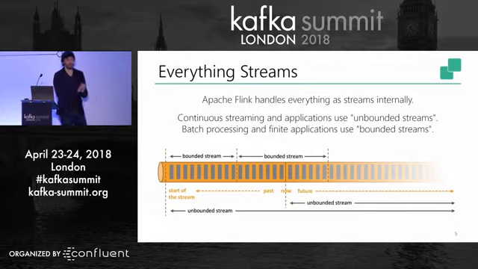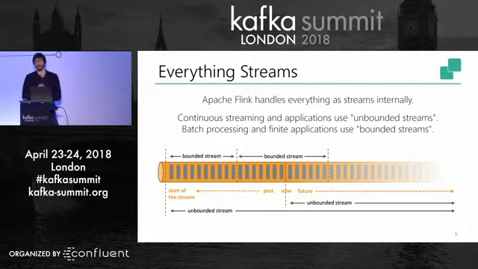So from Flink's perspective, if you're running a computational job over, let's say, a bunch of files that sit in HDFS or S3 and so on, that is a stream processing job over a bounded data stream. All these files together just form a stream from its perspective.